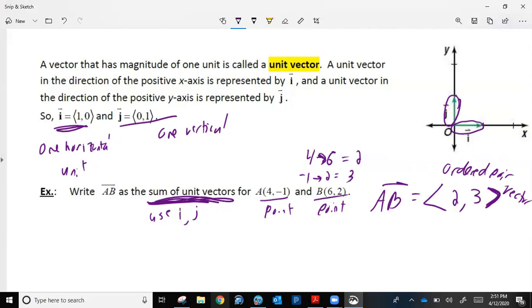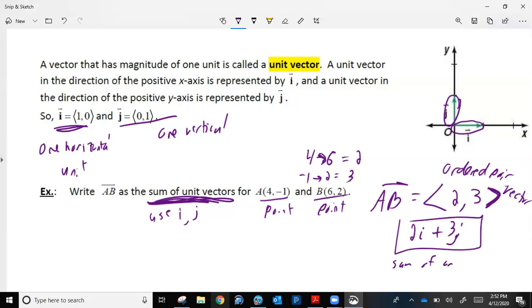If I want to write this in unit vector form, instead of 2, 3 inside greater than less than, I'm going to say 2 is the horizontal. So I have 2 i vectors plus 3 is the vertical, 3 j vectors. i is your horizontal, j is your vertical, 2i plus 3j.